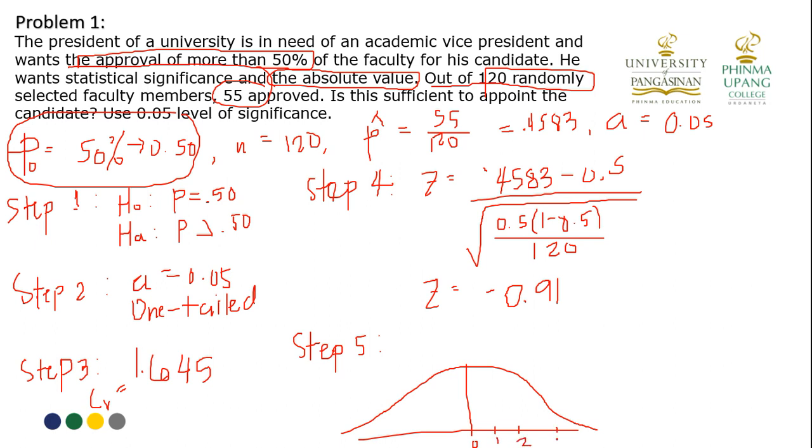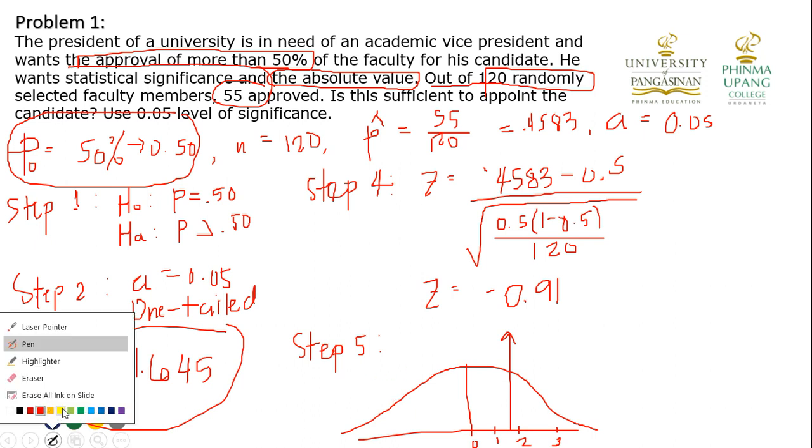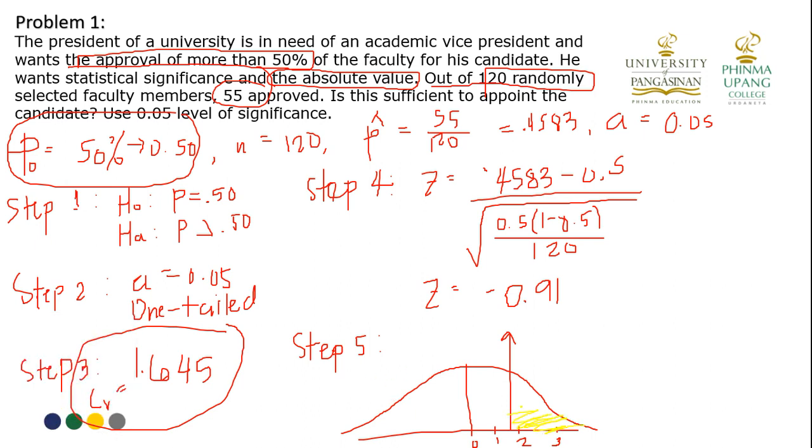So, 2, 3. Ilagay ko yung critical value. Yung critical value natin is 1.645. So, nandito yung critical value. Tapos, ang tawag natin sa left most of the curve is the rejection area, yung nakadilaw. Tapos, yung z-value na nahanap nating is 0.91. So, hindi niya na-reach po si 1. So, nandito siya.